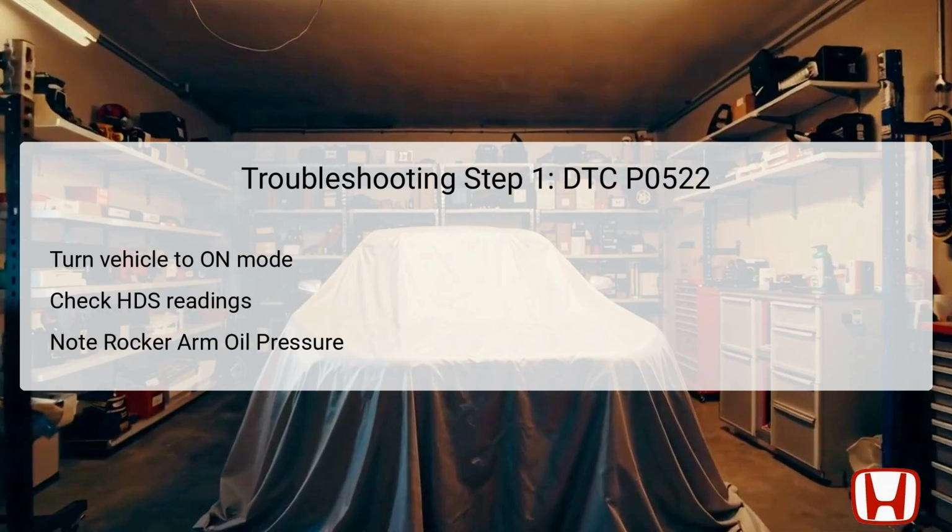The first step in troubleshooting the DTC P0522 is to turn the vehicle ignition to the on mode without starting the engine. This allows diagnostic tools, such as the Honda Diagnostic System, HDS, to effectively read the sensor data. Observing the HDS readings, specifically for the rocker arm oil pressure sensor voltage, is crucial.